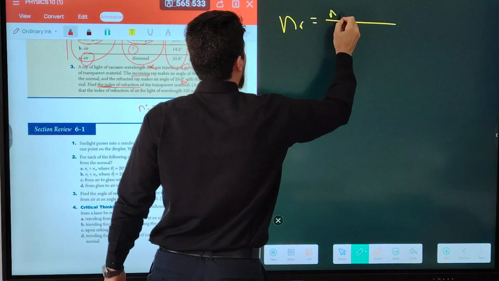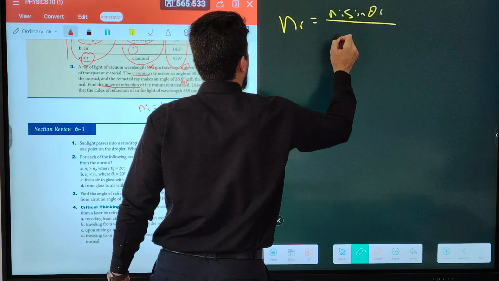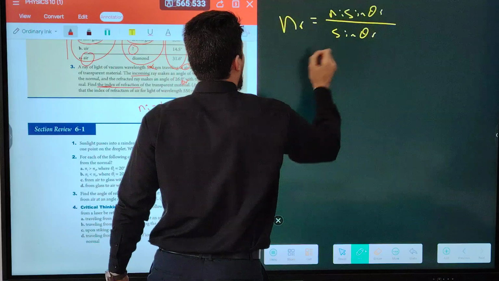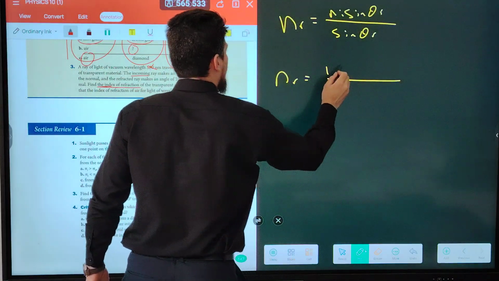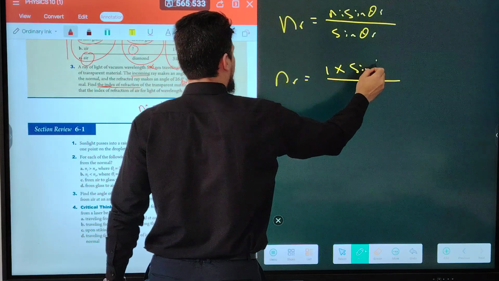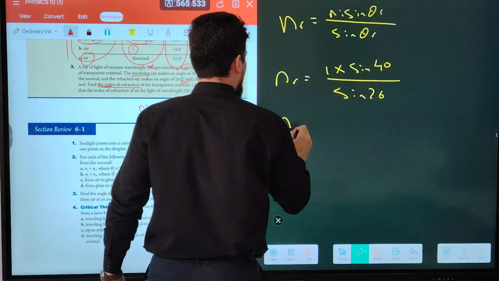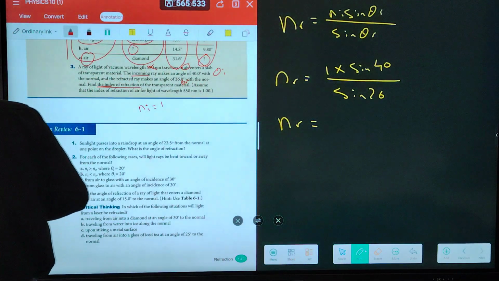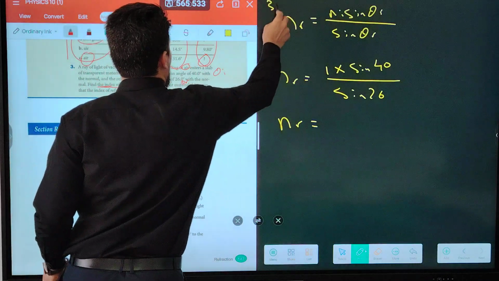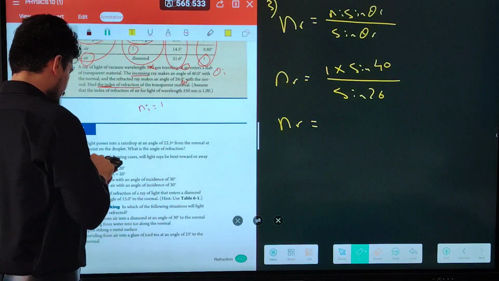Nr is equal to what? Ni sine theta I over sine theta r. Ni is 1, sine 40 divided by sine 26. Nr is equal to what? This is question 3. Very easy.